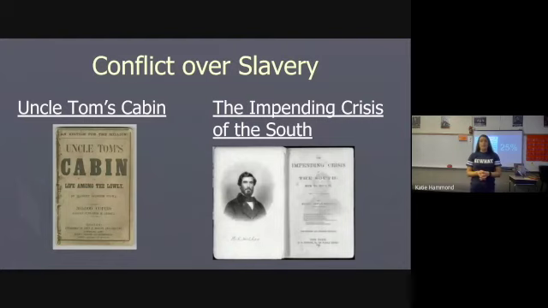There was a huge debate about it in Congress, and of course, both these books were banned in the South and praised in the North. Hinton R. Helper.